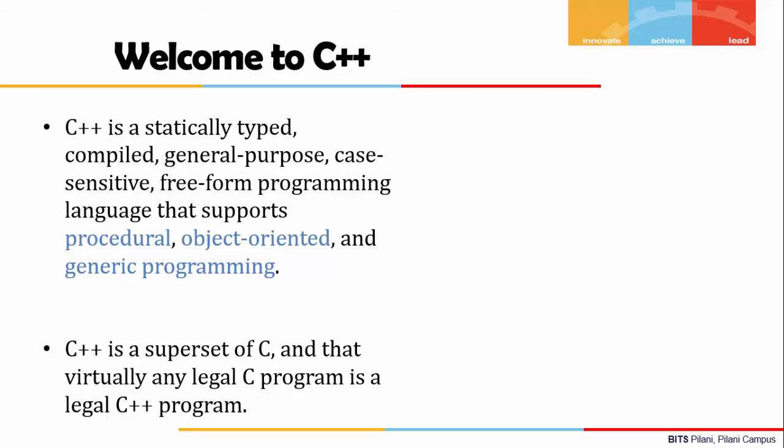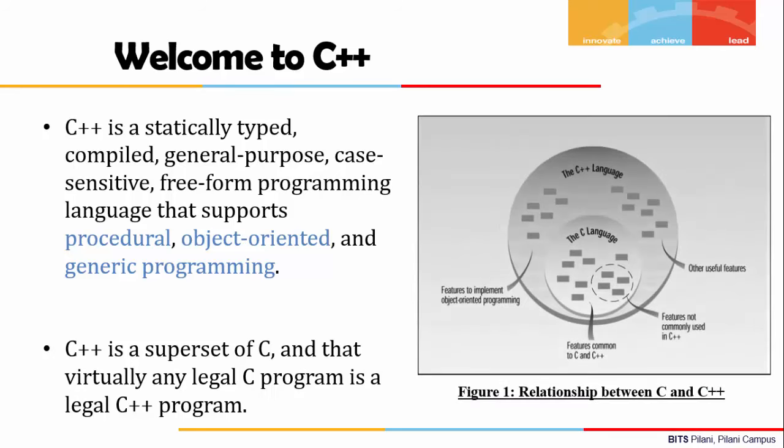However, C++ has many other new features as well. This figure shows the relationship between C and C++. Here, the different features to implement object-oriented programming are only available in C++ and not available in C. If you already know C, you will have a head start in learning C++, although much of the material will be new.